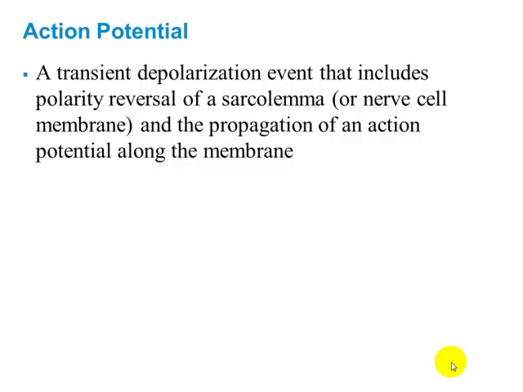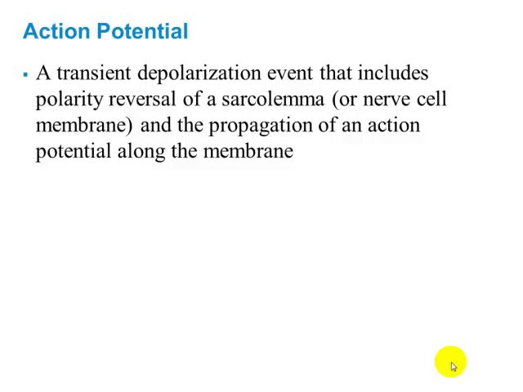Now the term transient means something that comes and goes. So what we're going to see in terms of an action potential is that we're going to change the polarity of this muscle cell, the sarcolemma, but it's going to come and go. It's transient, it changes. We'll also have a polarity reversal.